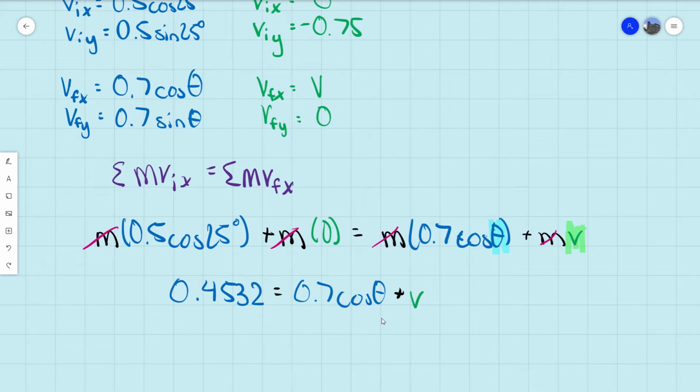And we've hit a bit of a dead end, so now I'm going to go to the y direction. This is not a problem that we've hit a dead end. In fact, it's a good thing that we have two unknowns, because we have two unknowns and two formulas, which means we can use substitution pretty easily.